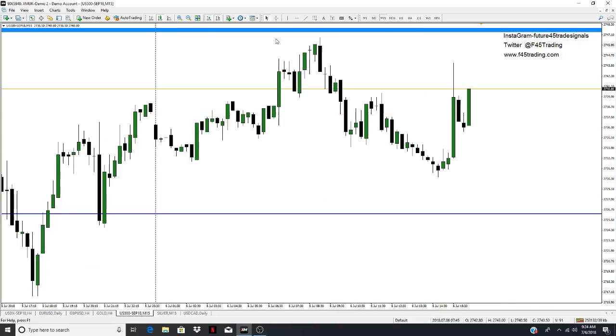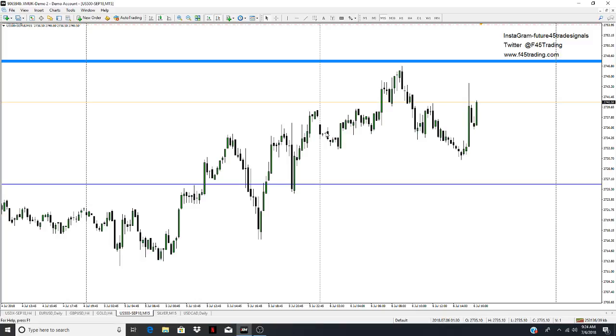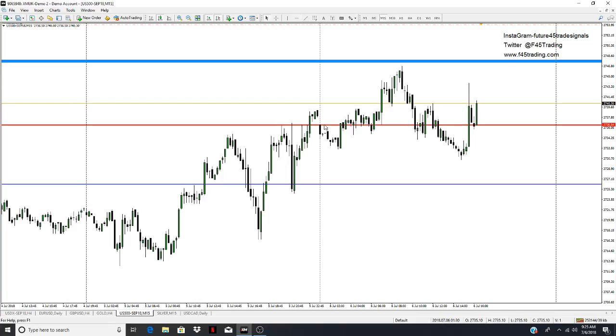So let's see, so far this morning, this was our open. It worked above it, worked below it, came back down, found a little support at the open today, and is working its way up.